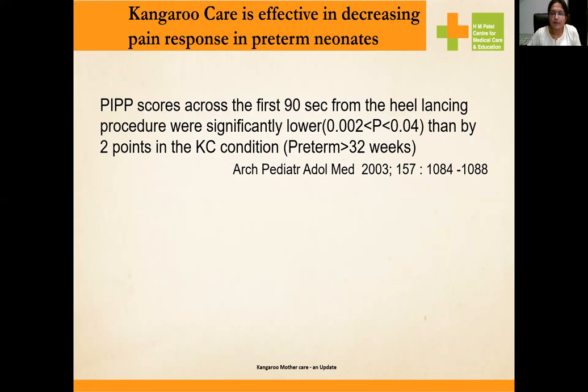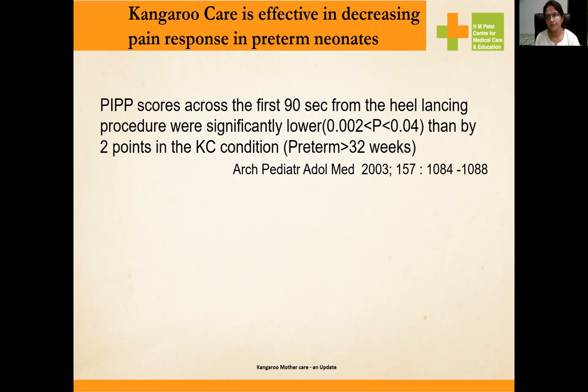Now, it is also very effective in decreasing the pain response in preterm neonates. There was a study done in 2003 which suggests that pain scores across the first 90 seconds from the heel lancing procedure were significantly lower, by 2 points, in the kangaroo care condition.